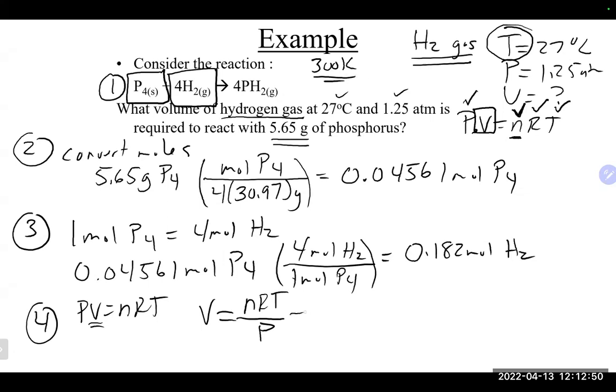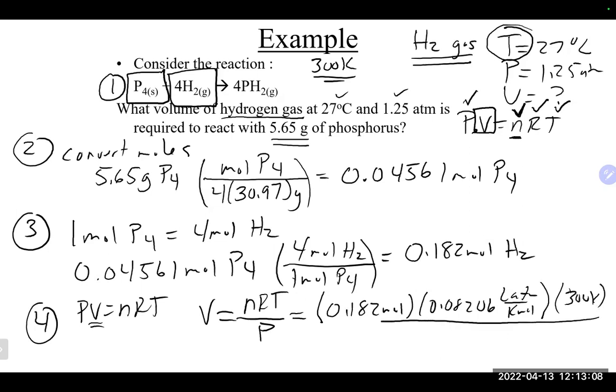So now that we have everybody in the right units, we just got to put it in there, and that would be 0.182 moles, 0.08206, which is our gas constant that we always have, and our temperature, which is 300 Kelvin, all going to be divided by the pressure, which was given to us at 1.25 atmospheres. Kelvins will cancel, moles will cancel, atmospheres will cancel. Is going to leave us liters as the unit that is left at this point.